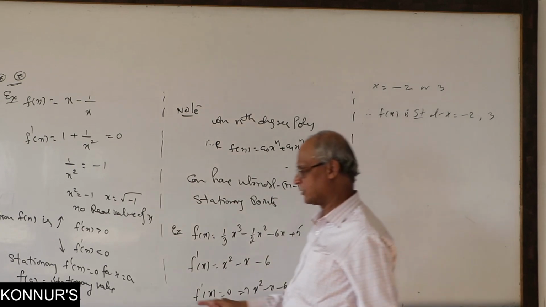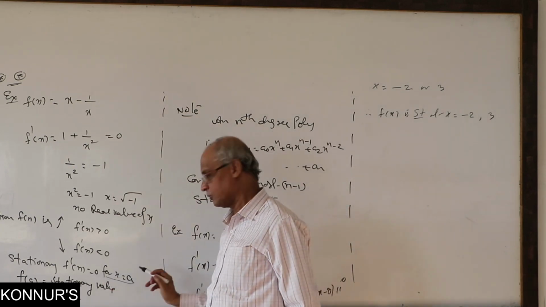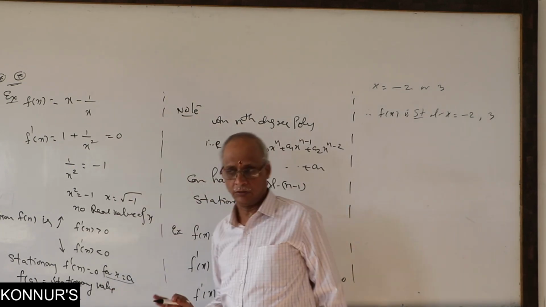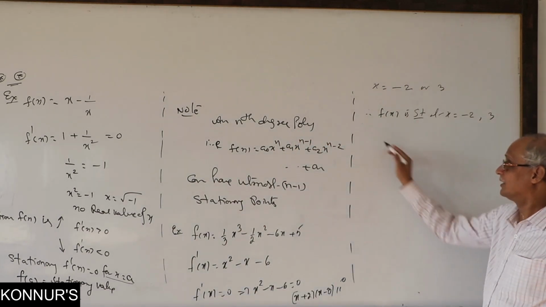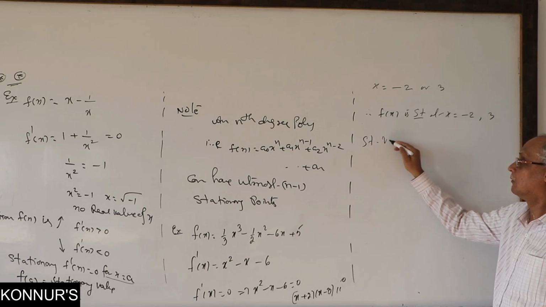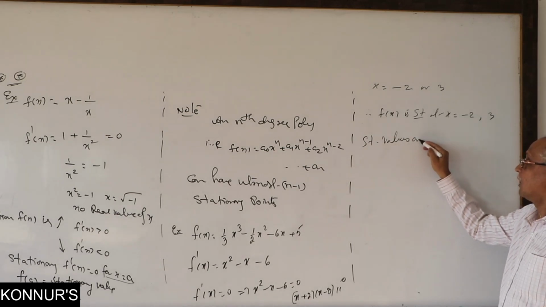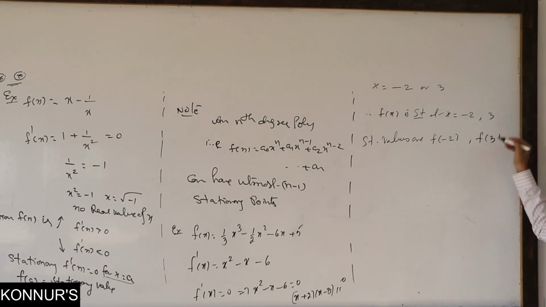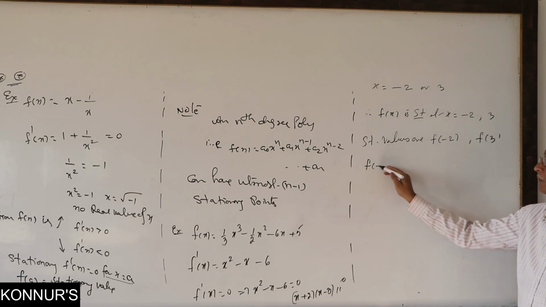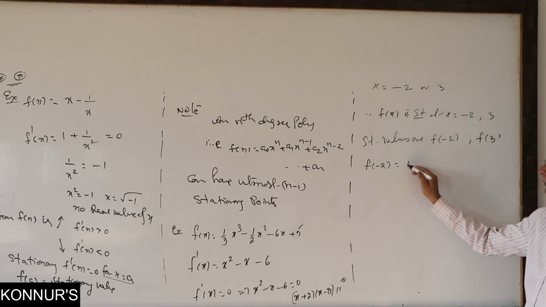At means address over. One question: they will ask where it is stationary. Just set the derivative to 0, you find the x value. If they ask what the stationary values are, write it in the given problem.